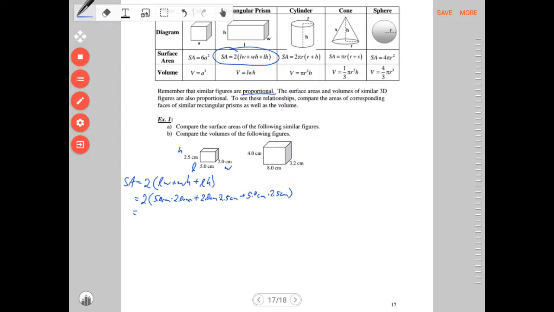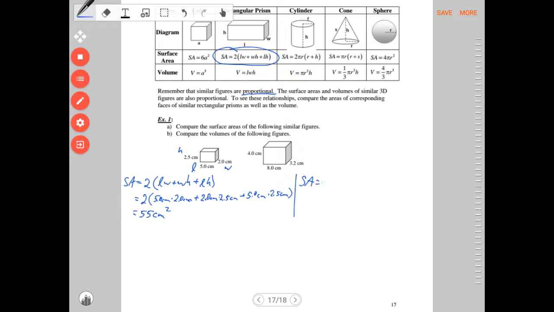When I type all of that into my calculator, I end up with 55 centimeters squared, or 55 square centimeters. Easy enough. Now, for the larger figure, we do exactly the same thing.